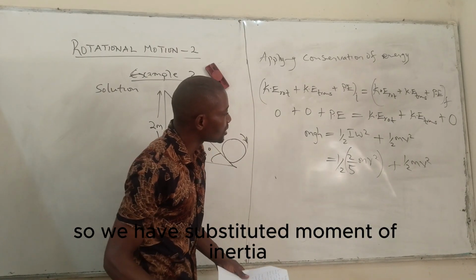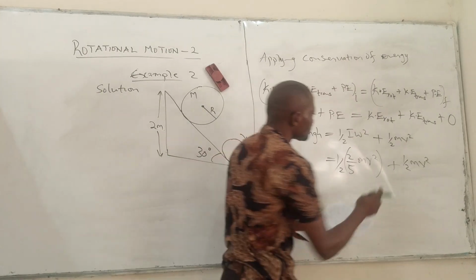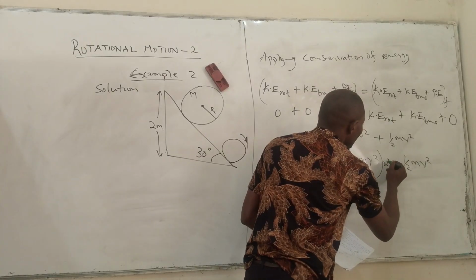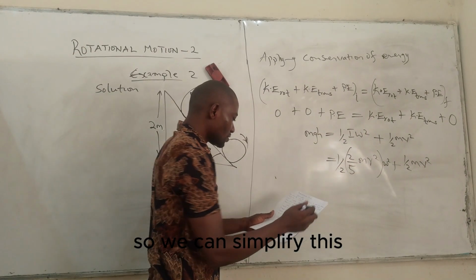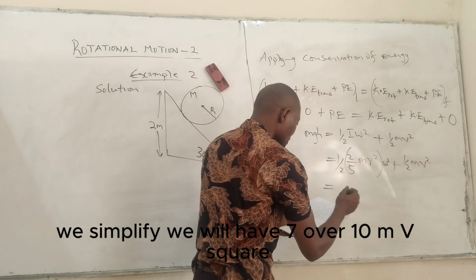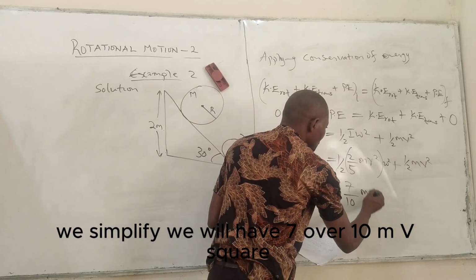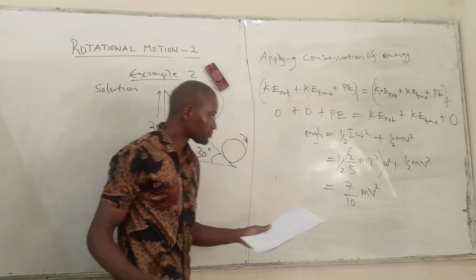So we have substituted the moment of inertia. So we can simplify this. If we simplify, we will have 7/10 mv squared.